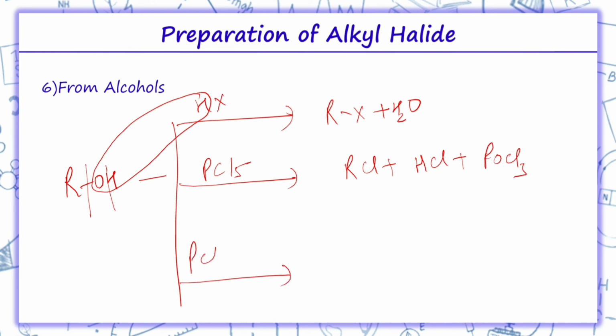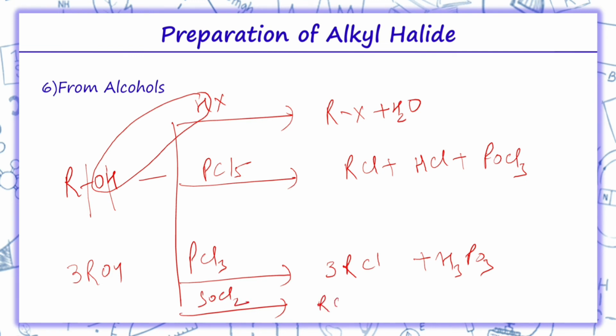Next, if we are taking PCl3, here we have to take 3 moles of alcohols, thus we will get 3 RCl plus H3PO3. So this is how alkyl halide can be prepared from alcohols. Last is SOCl2. When we are taking SOCl2, RCl plus SO2 plus HCl will be formed.